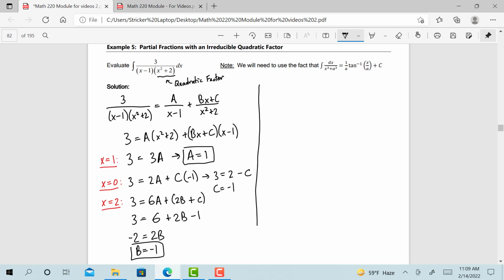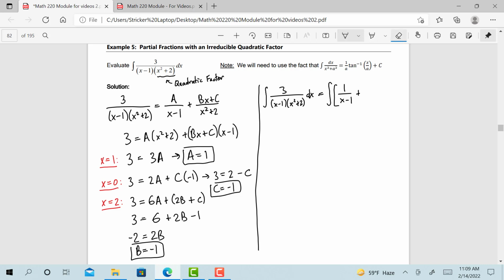And so now we can go ahead and rewrite our integral. Our original integral can be rewritten as the integral of 1 over x minus 1 plus, well, b and c are both negative 1.